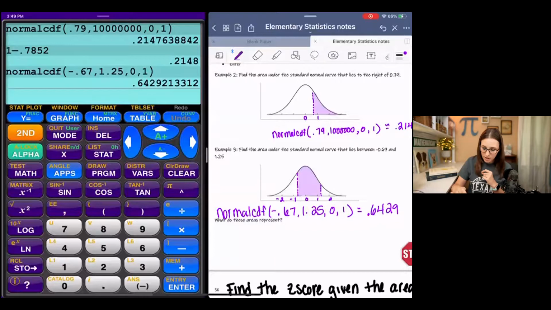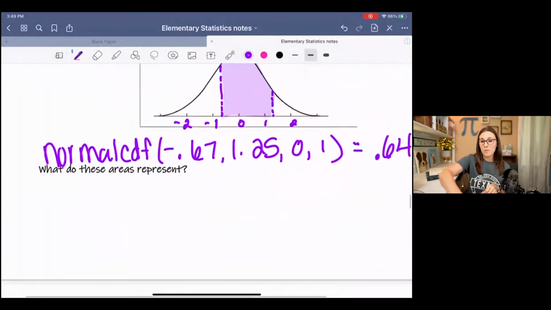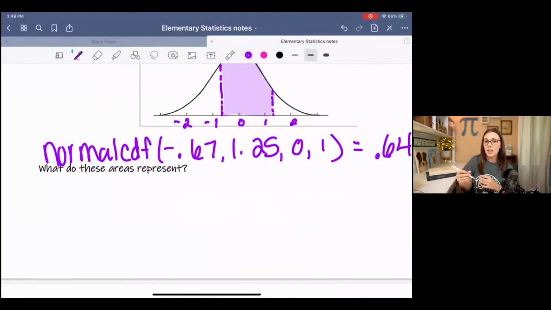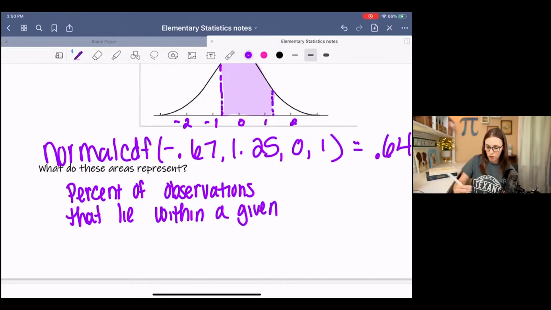Last question: what do these areas represent? If you'll remember from my previous video, area is associated with the percent of observations that lie within a given region.